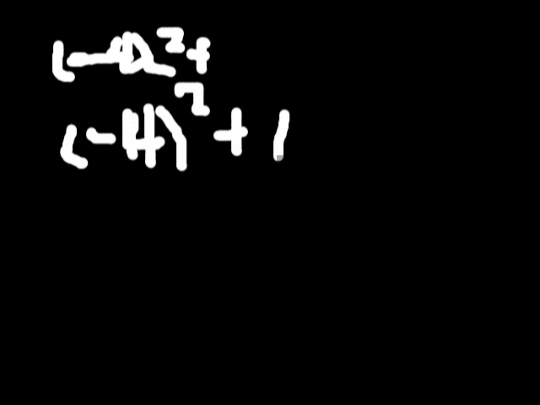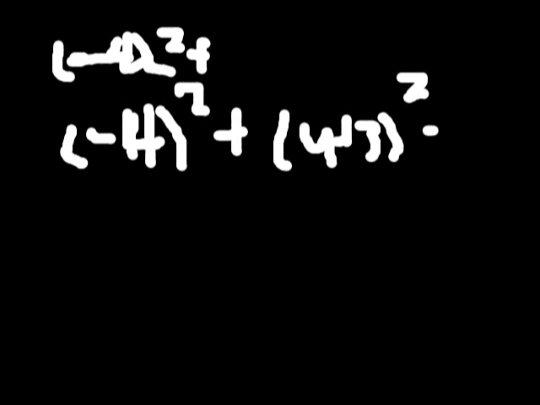So we're going to set x equal to 0. Negative 4 squared plus y plus 3 squared equals 45.